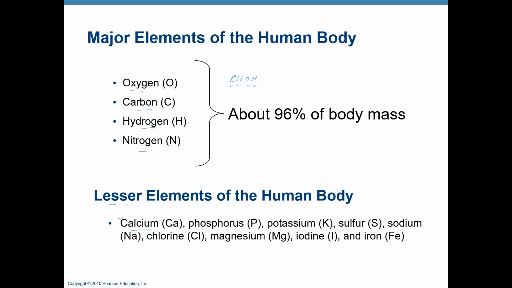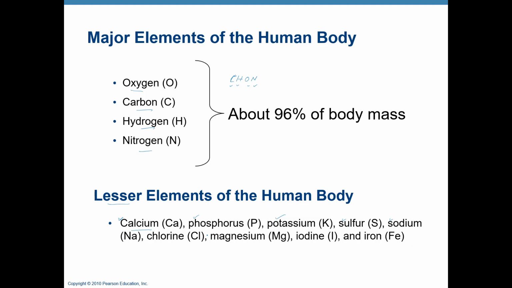So you see, although present in a small amount, it is very important for your life. Phosphorus in a small amount, potassium, sulfur, sodium, chloride, magnesium, iodine, iron. So these are very important, although they are present in a lesser amount in the body.